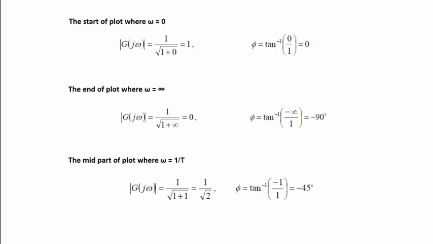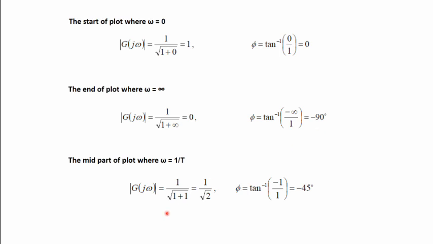Now at the start point of the plot, omega is equal to 0, right? So magnitude is equal to 1 because it is nothing but 1 upon 1 plus 0, and phase angle is also 0. When omega is equal to infinity, the magnitude is 0 and angle is minus 90 degrees.